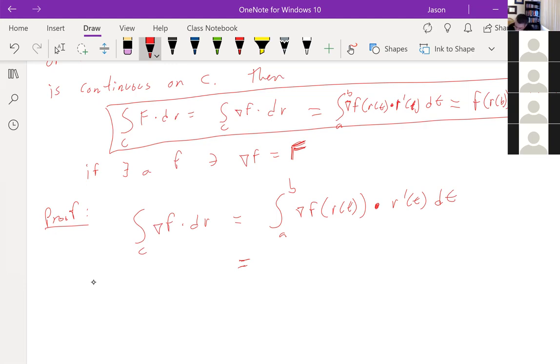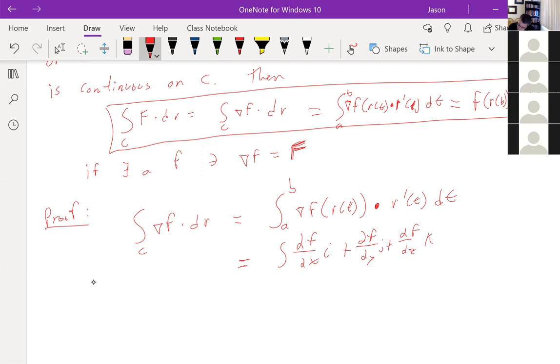The gradient is going to be the partial of f with respect to x in the x direction, or the i direction, plus the partial of f with respect to y plus the partial of f with respect to z. This is j and k. Okay, so that's my gradient vector.